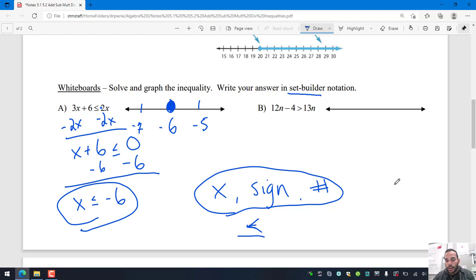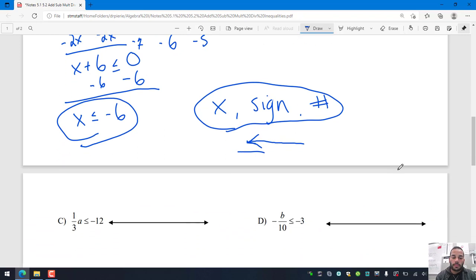If I draw a little arrow here, I notice that my arrow is pointing to the left. So I'm going to shade this circle to the left. This little arrow trick only works if you're in this format of variable, sign, number, like we are over here. Okay, so let's do another one.